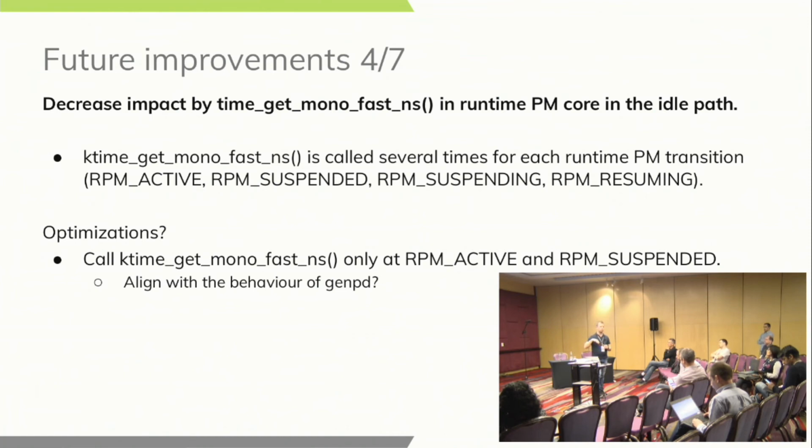We ask the runtime PM framework to do this reference counting and all that stuff, which means that there's a lot of code being executed in there, and K-time get monofastness is being called several times. So there are additional framework improvements that need to be considered to drop these calls to K-time get.